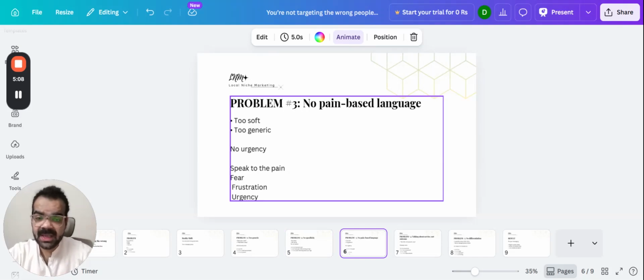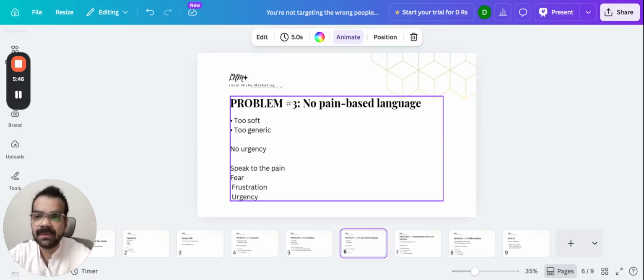Problem number three is no pain-based language. You either miss these points because you're not using pain as a lever to push the patients or leads down the funnel. You need to be able to use pain-based language if you want to get more out of your audience. What that means is you have to speak with the pain, fear, and frustration.